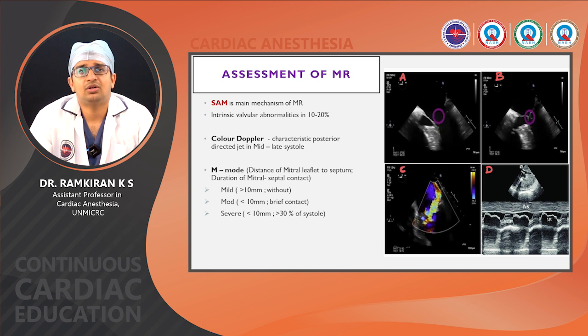Next, coming to the assessment of MR, as we discussed, SAM is the main culprit, the main mechanism for MR. Otherwise, there are intrinsic valvular abnormalities seen in 10 to 20% of patients.